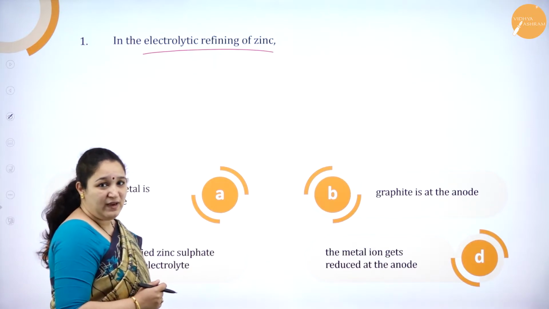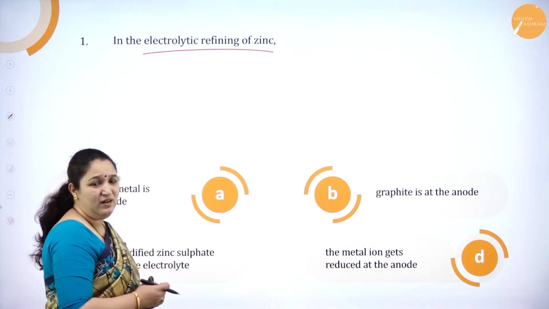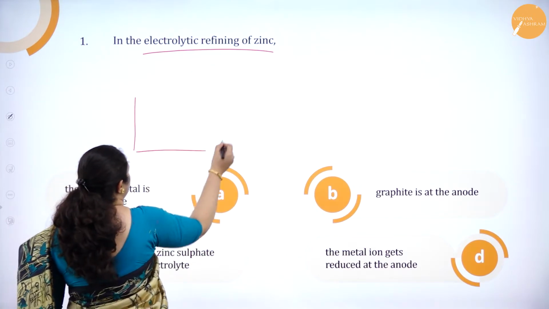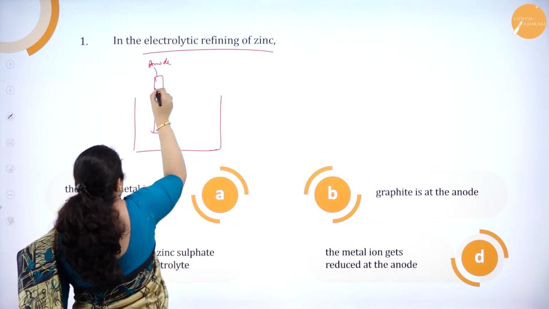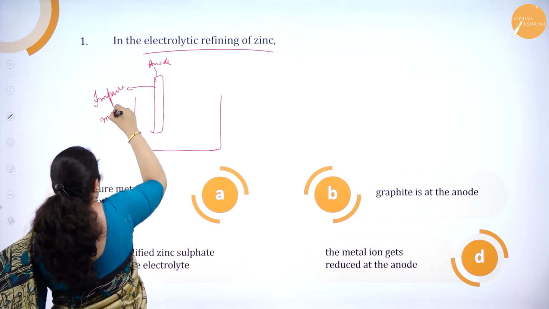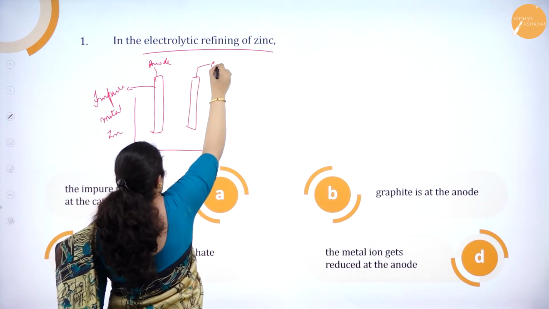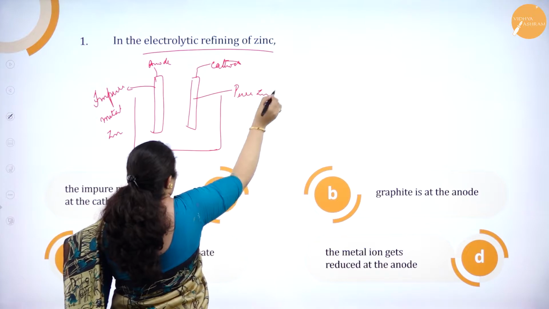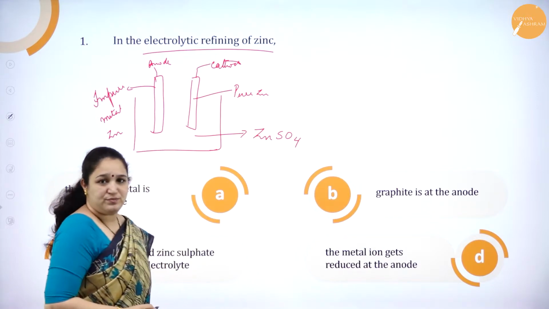So in electrolytic refining, cathode and anode, what do we use? Anode is the impure metal and cathode will be the pure metal, isn't it? So for zinc, anode will be impure zinc, and cathode will be pure zinc, and electrolyte will be zinc sulfate solution, isn't it?